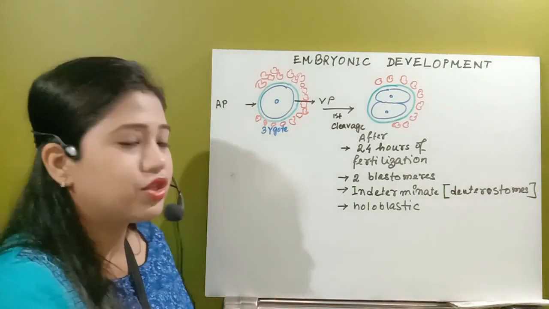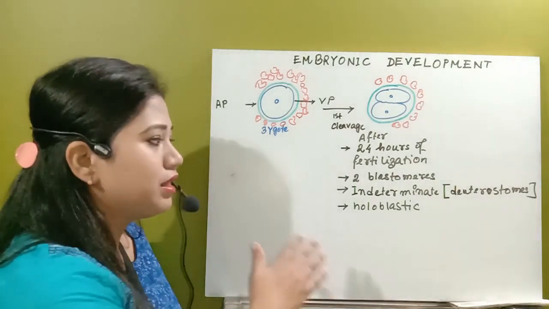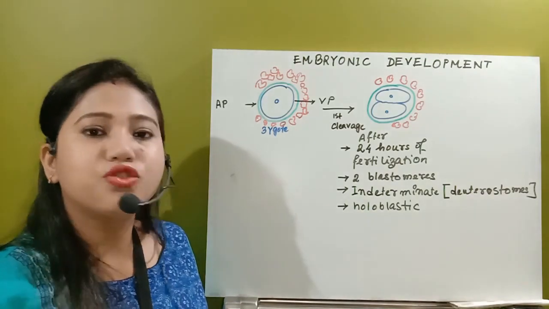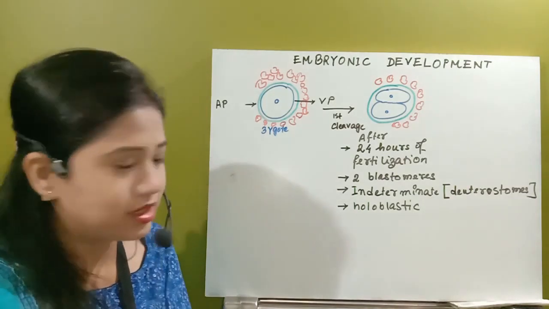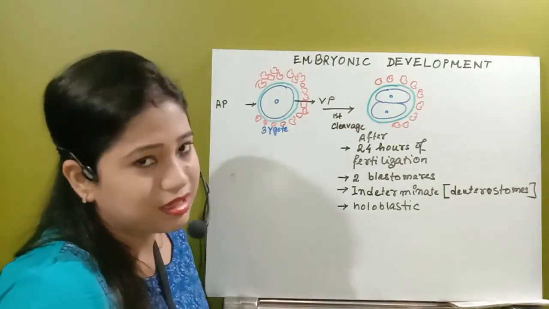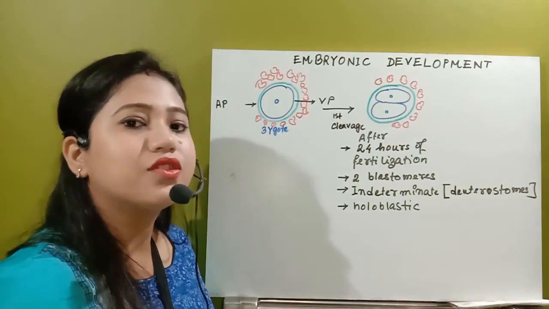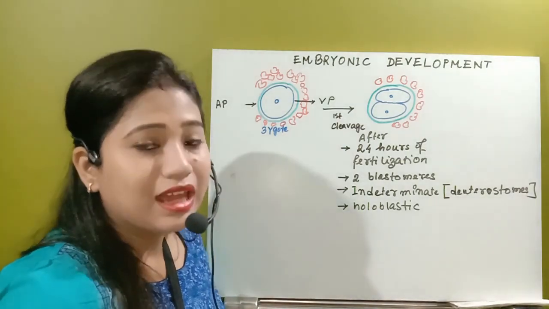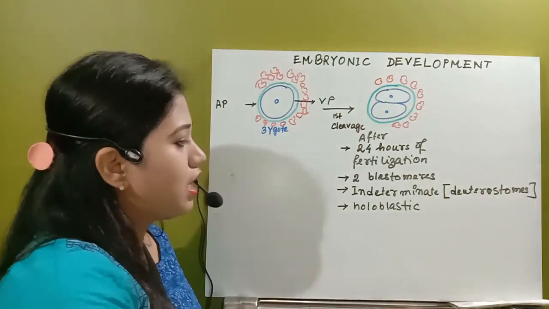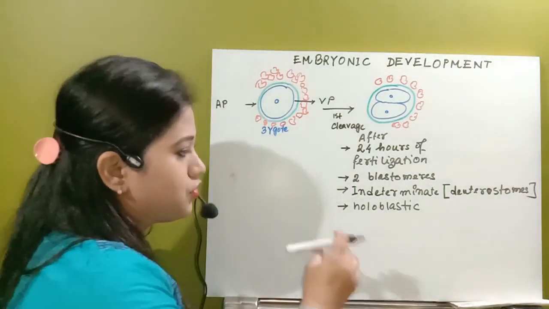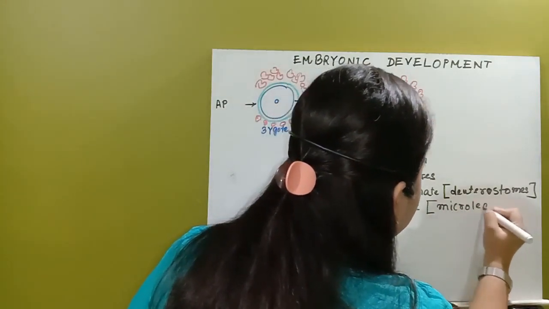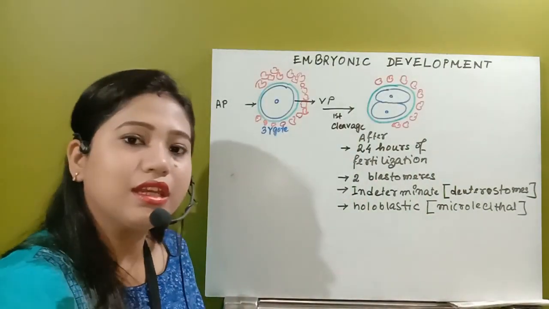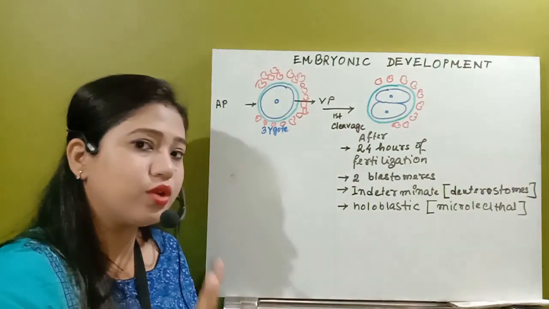In case of deuterostomic animals, this is not happening; each of the cells has the capability to form any type of tissue, and that type of cleavage is indeterminate. And the second one is holoblastic cleavage. That means each cleavage will form two equal size cells. This is a characteristic of the microlecithal egg. That means those eggs which have very little yolk content will form two equal size cells.